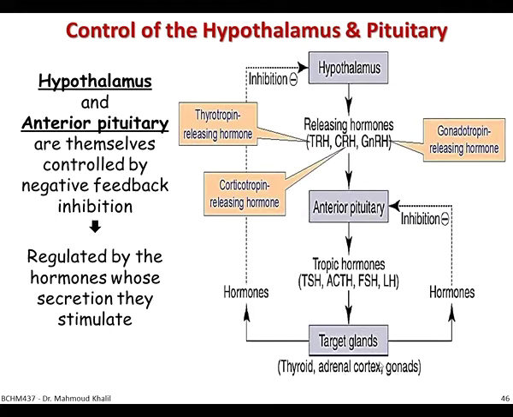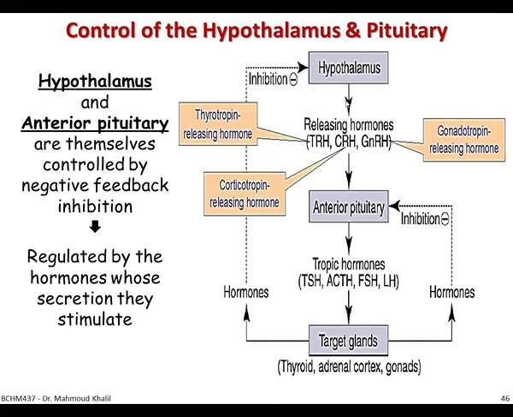and gonads. Once the function of this hormone is terminated, the same hormone starts a negative feedback loop. You can see the hormone can inhibit the anterior pituitary gland. The same hormones can also inhibit the hypothalamus.